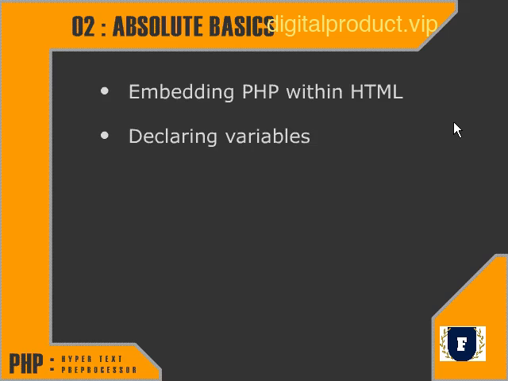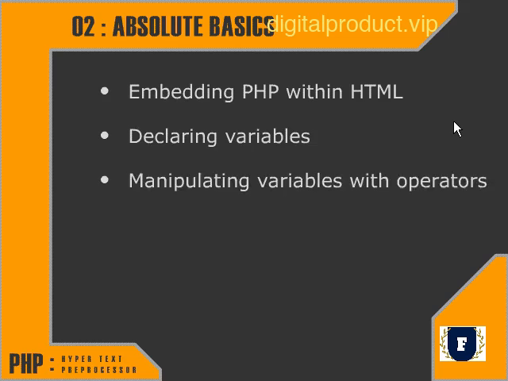Then we're going to look at how we declare variables to make our scripts more flexible, and we're going to look at ways to manipulate those variables using operators. And finally, we're going to take a look at some more complex operators and do some more complicated things with our variables.